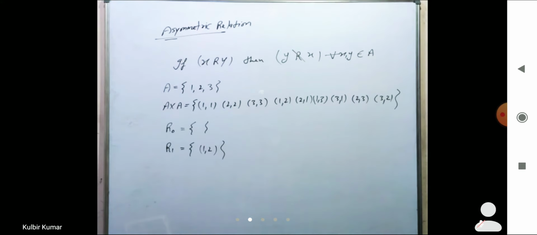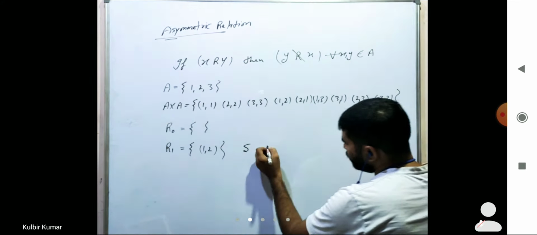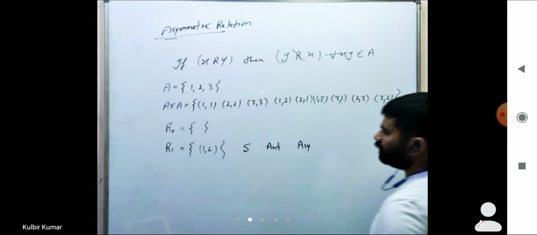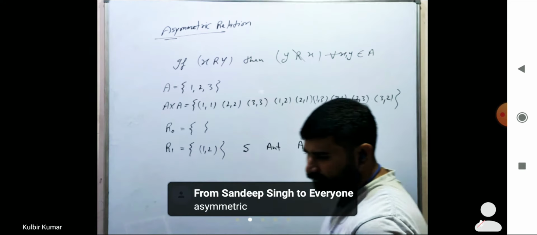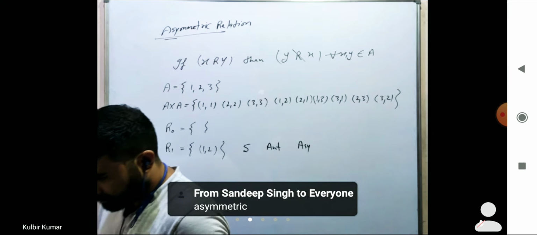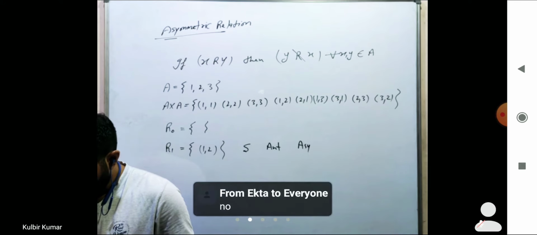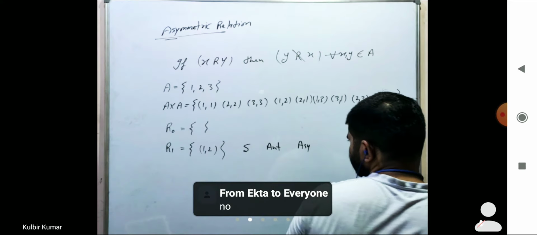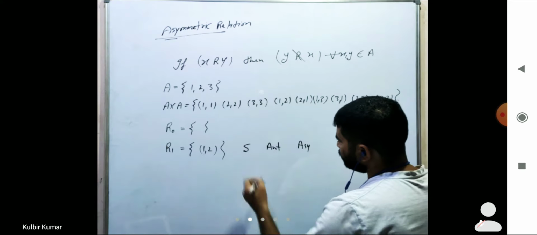If it is (1,2), then tell me whether it is symmetric or not, antisymmetric or not, and asymmetric or not. What about symmetric? No. This is not symmetric, because if it is (1,2), then (2,1) should exist. So it is not symmetric.